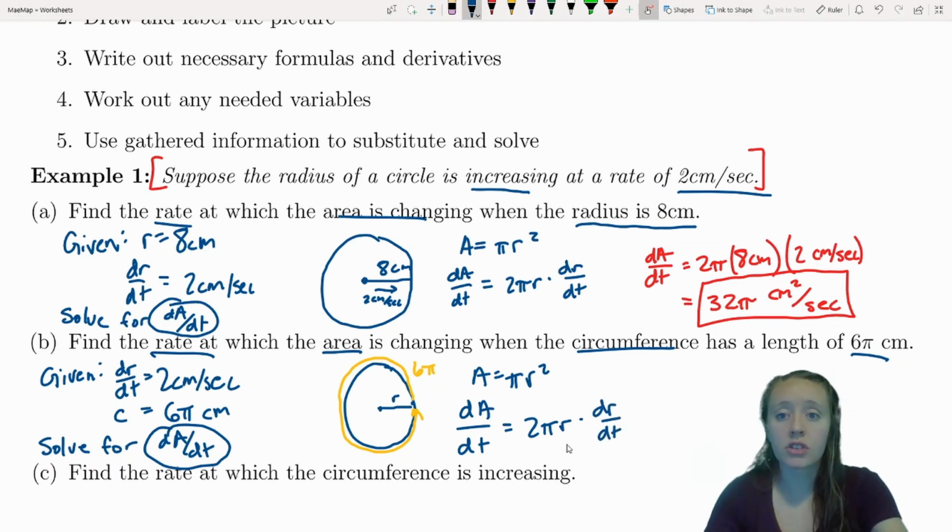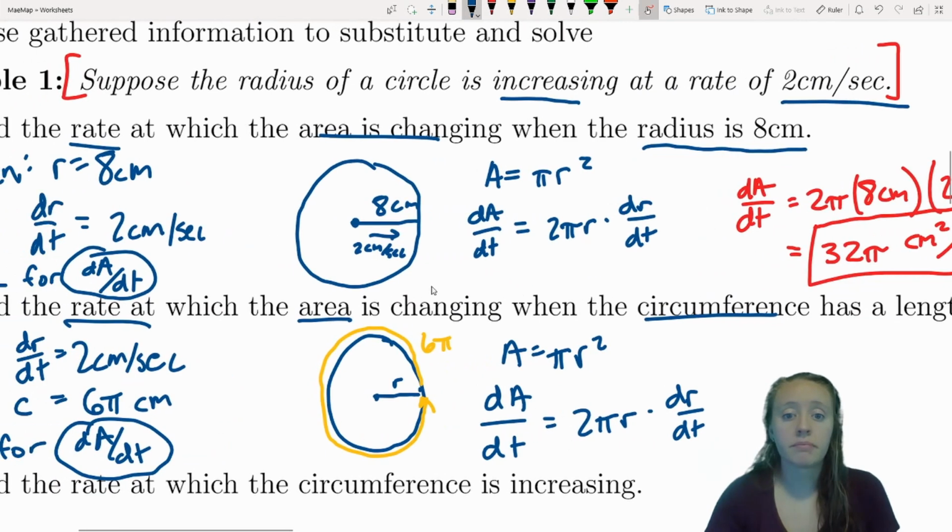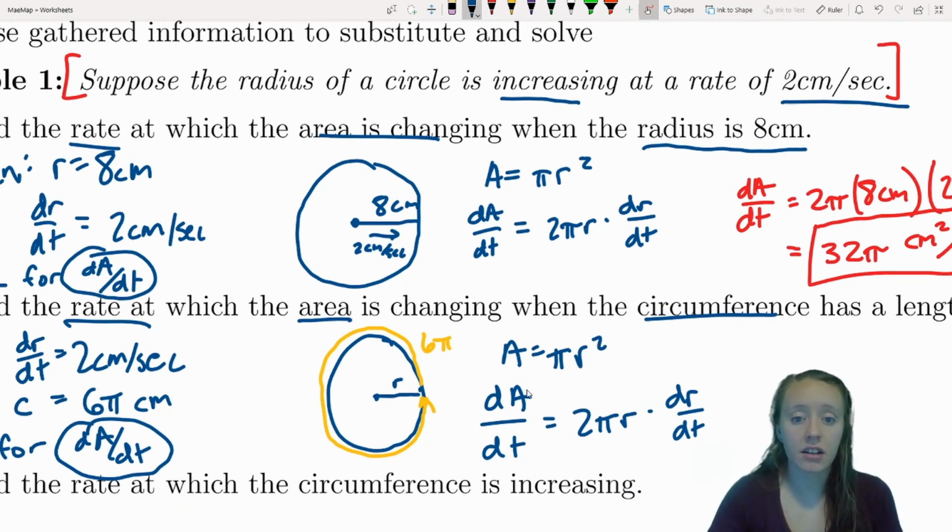Now let's go ahead and zoom on in. I'm trying to solve for that dA dt, but something's missing. I know my dr dt, that was given to me, but in this problem, unlike up above, I was not given what r is, so I still have to solve for r.